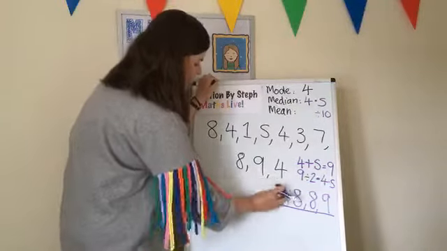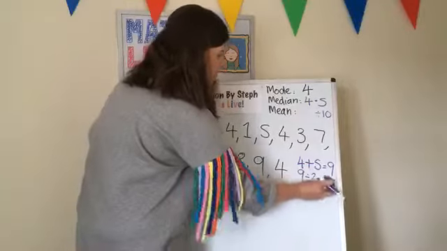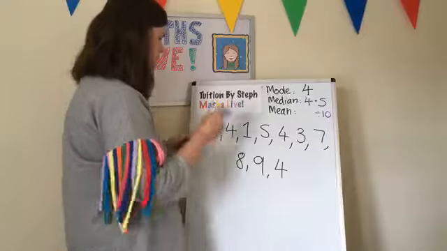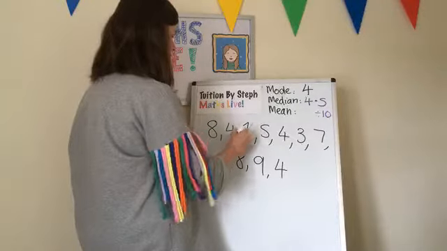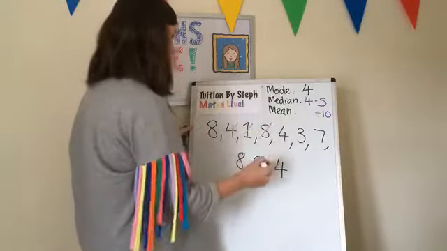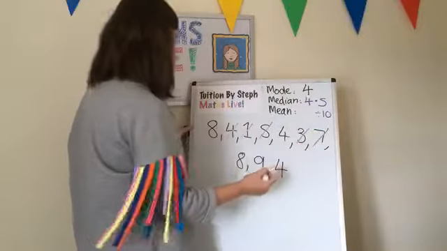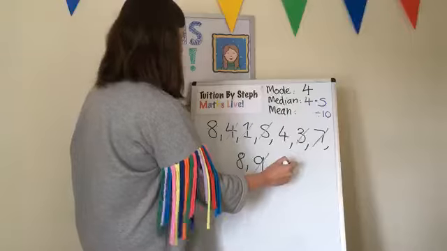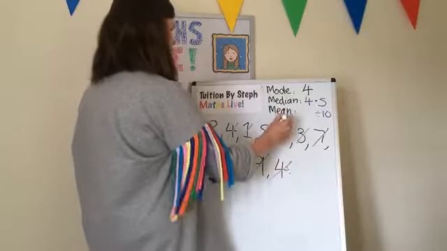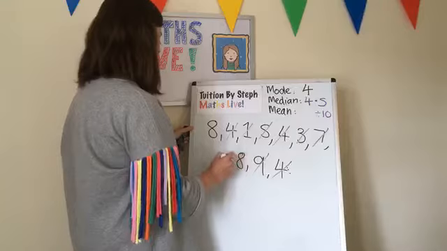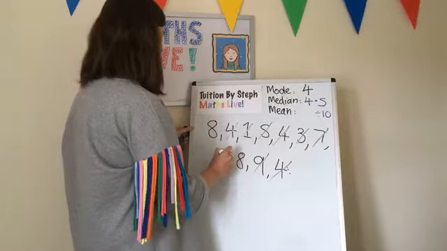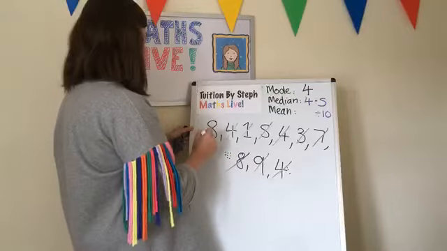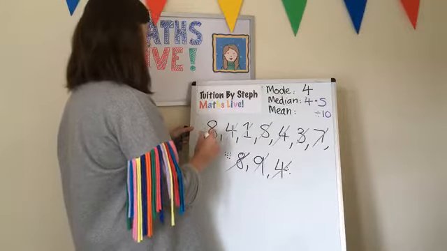The mean, we've got to add all these numbers up now and divide them by 10. So I'm going to do my mental maths like I did last time. So 4 and 1 is 5, 10, 20, 29, 30, 31, 32, 33, 37, 38, 39, 40, 41, 42, 43, 44, 45, that's 53.